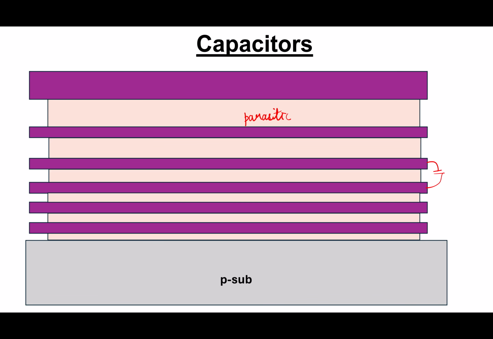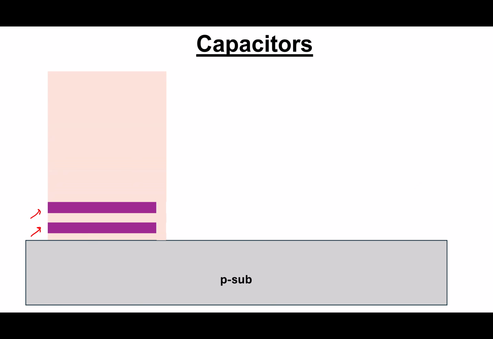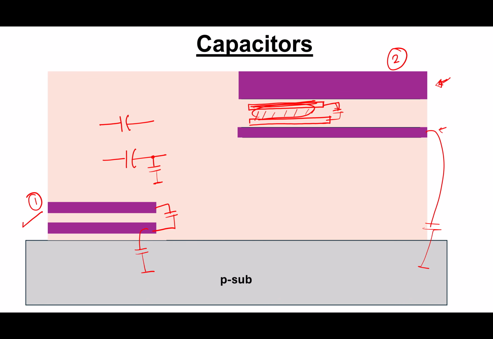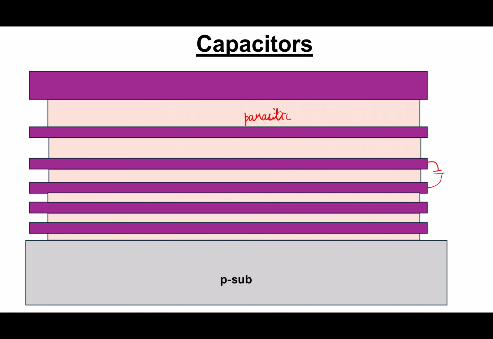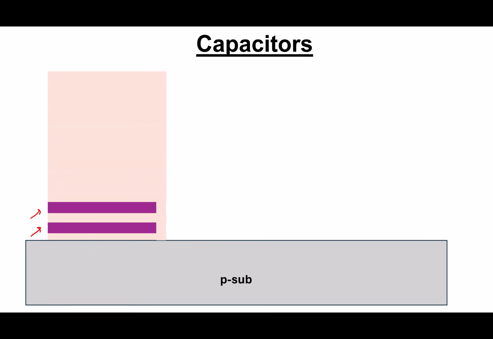But for making these capacitors, you will have specialized things, because these will be really large. If you want, let us say, 100 femtofarads of capacitance, whatever area of this metal is going to be really large. These will also introduce additional capacitance, but they are unwanted, so you have to deal with them.